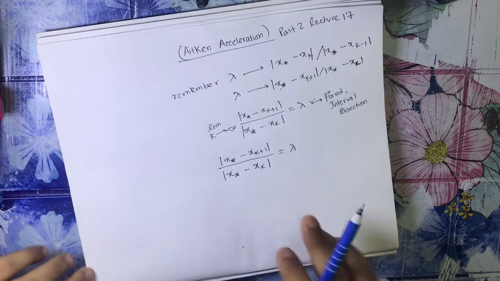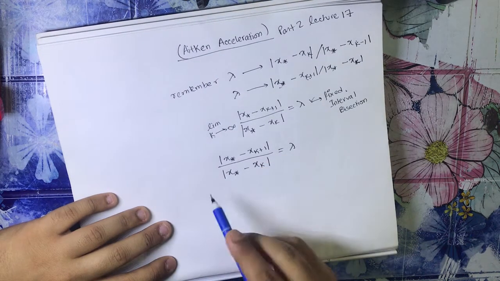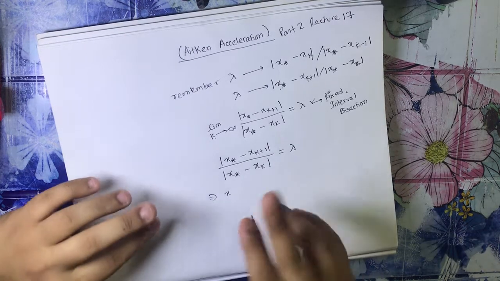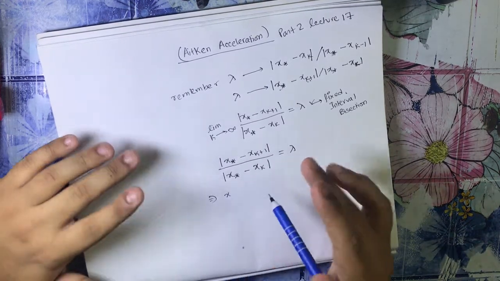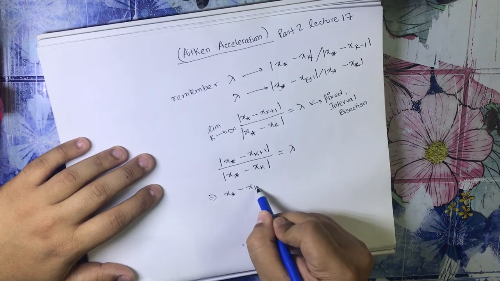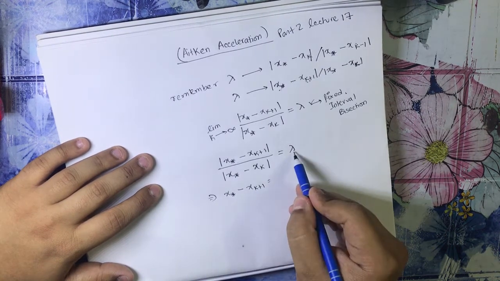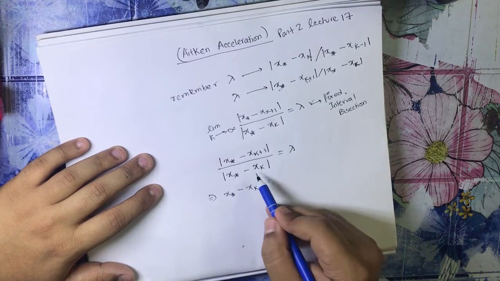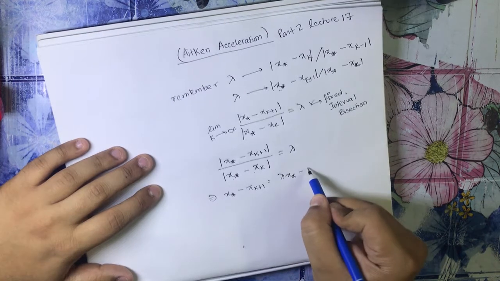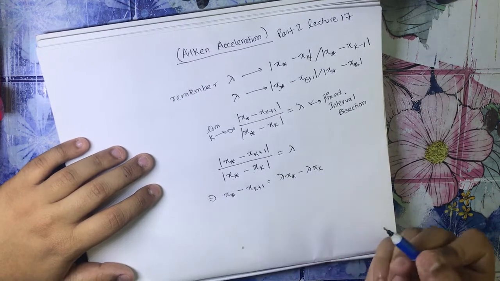All right. So if I reform this equation and just make some tweaks, if I take off the modulus operators and just write x star minus xk plus 1 is equals to lambda multiplied with x star minus xk, so lambda x star minus lambda xk.